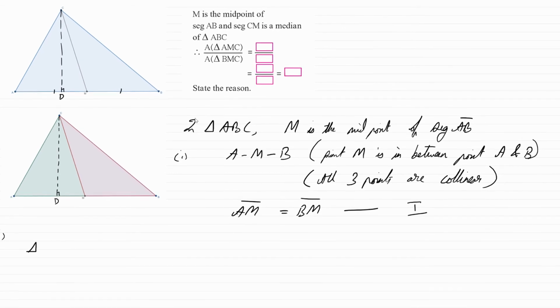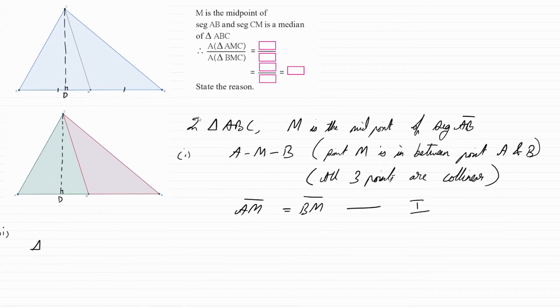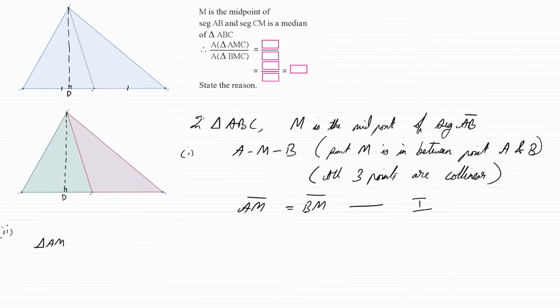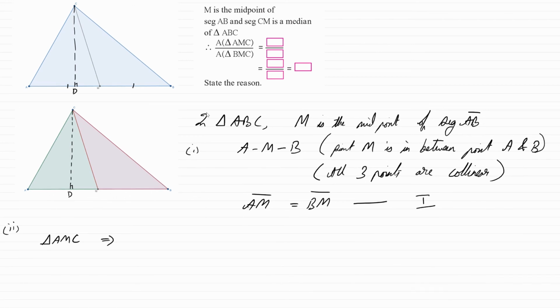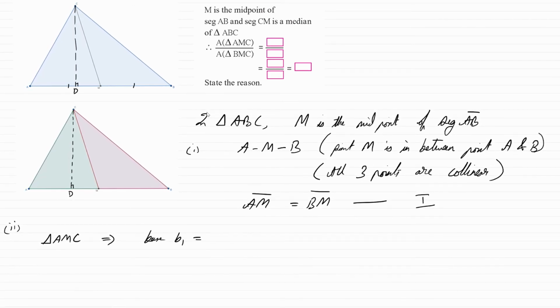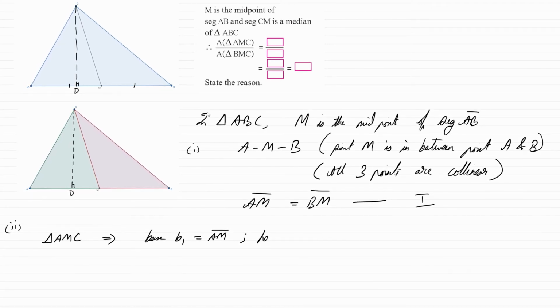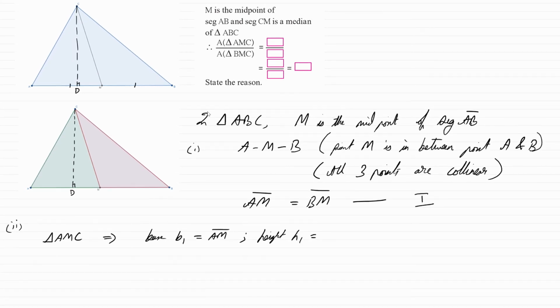You have triangle AMC. Now in this triangle, base B1 is equal to AM and height H1 is equal to CD.